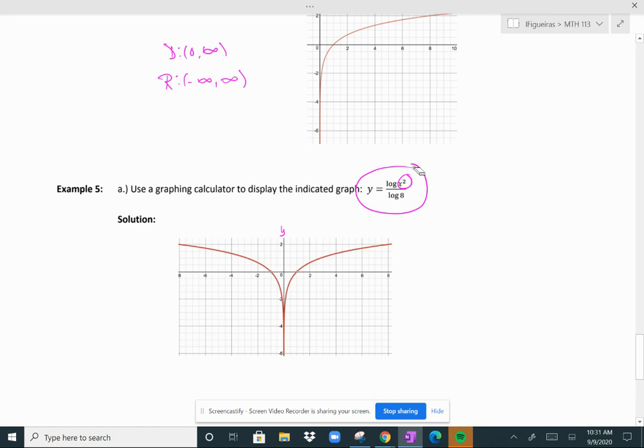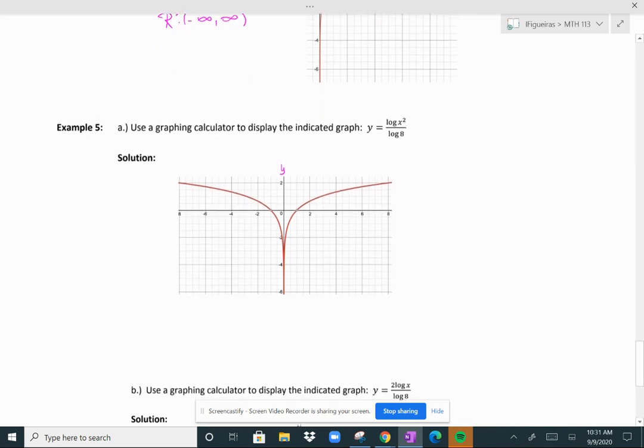I'm no longer restricted to only using positive values of x, because when you square a negative number, you get a positive result. So that's why you have part of the graph on the left side of the y-axis and a part of the graph on the right side. The whole thing represents this function.